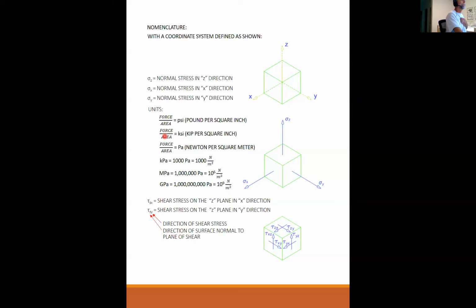The same goes in the customary system as well. Choose pounds or kips, whichever is more appropriate. If some parts of the problem are in feet and other parts are in inches, you're going to want to convert everything over to one or the other, and usually inches is what you'll be using.